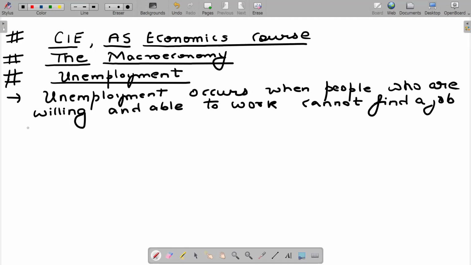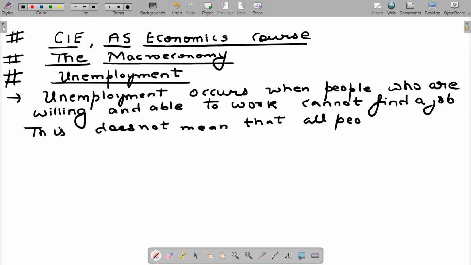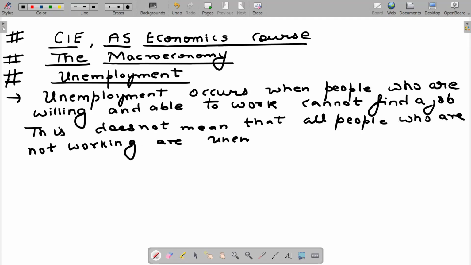Okay, so I can further elaborate. This does not mean that all people who are not working are unemployed. So just because someone is not working, you can't say that that person is unemployed.